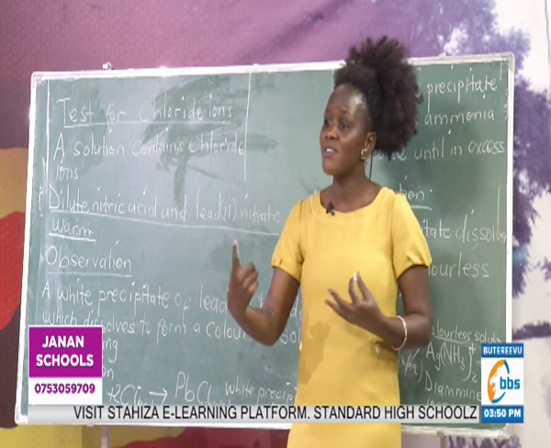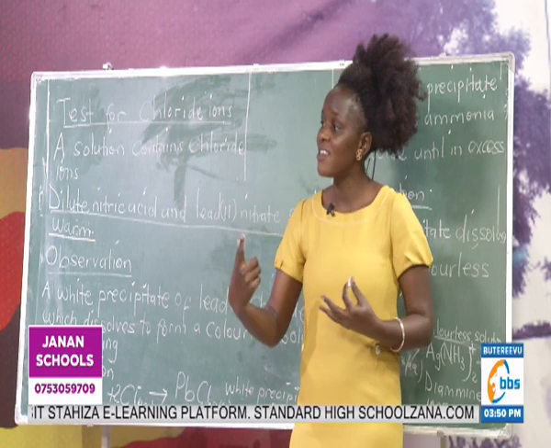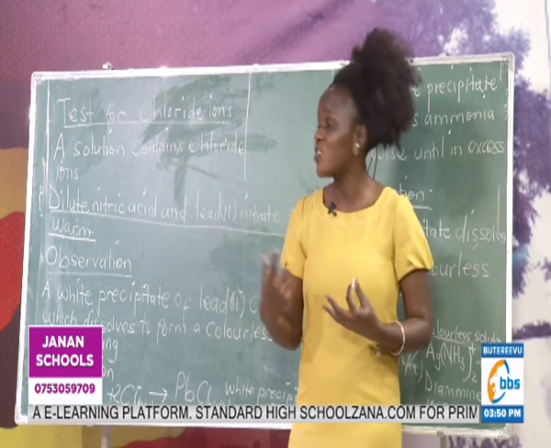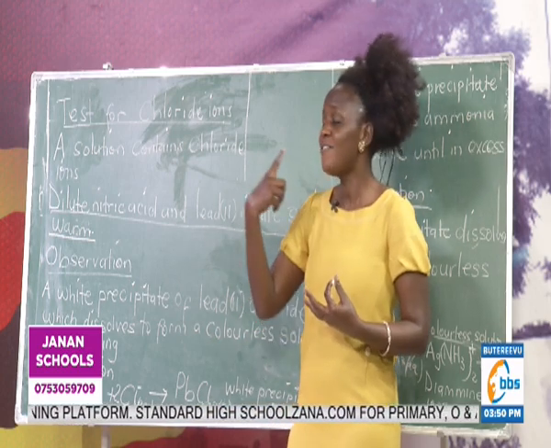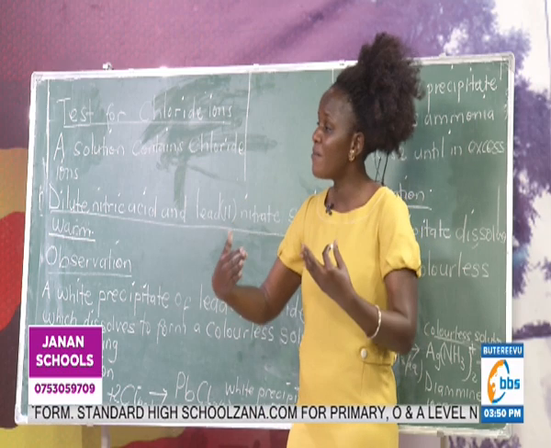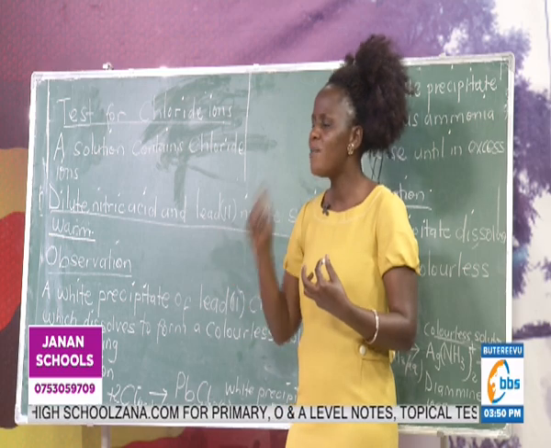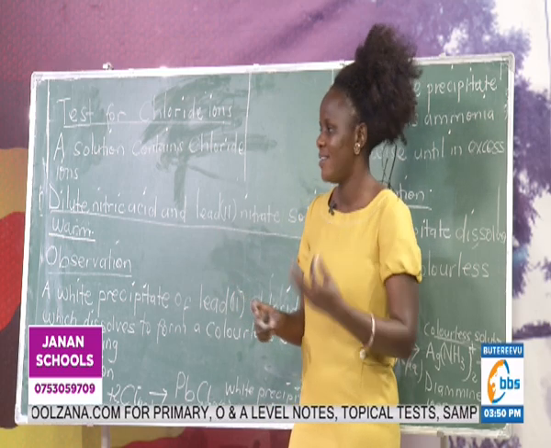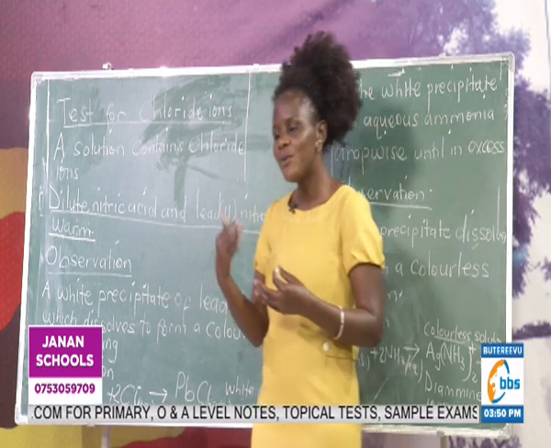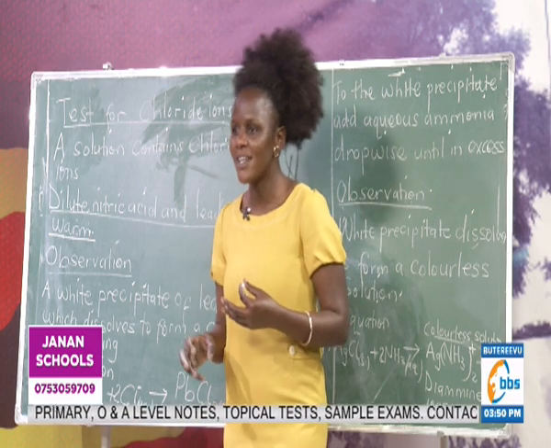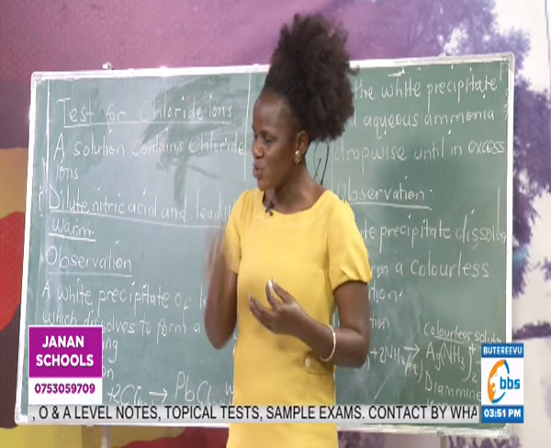By writing the procedure. After you've written the procedure, write for the examiner the equation. Maybe before you write the equation, write the observation. Procedure, observation, and then equation. You really show the examiner that indeed you are taught.